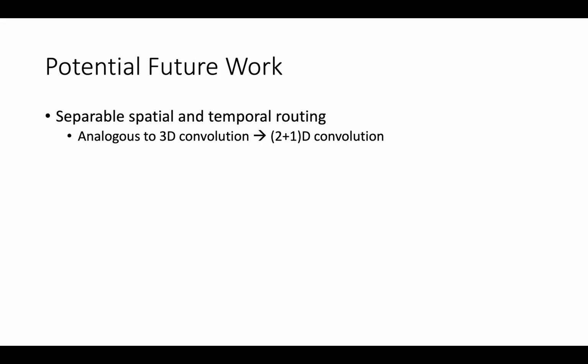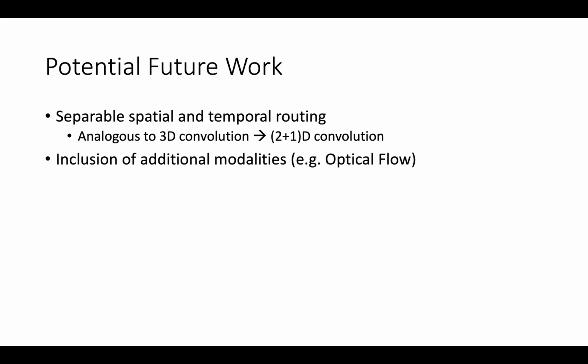For our first 2 works, video capsule net and capsule VOS, we use 3D convolutional capsule routing. But you can separate this 3D routing into routing in just the spatial dimension, so the 2D routing, followed by a 1D routing. This would be analogous to converting 3D convolutions into 2+1D convolutions, which has been shown to be beneficial for the learning task.